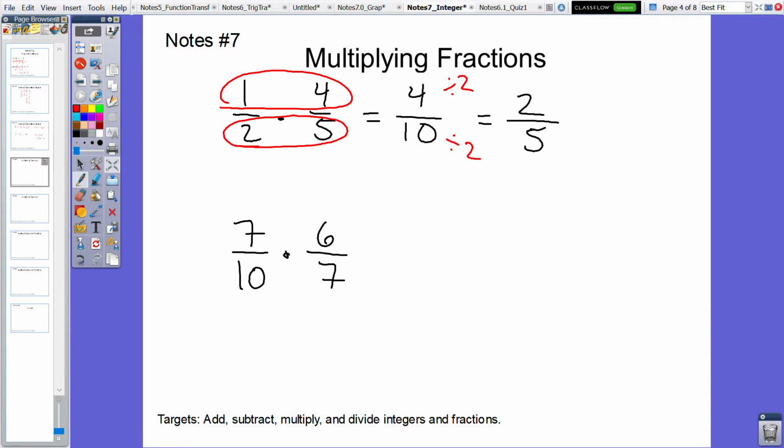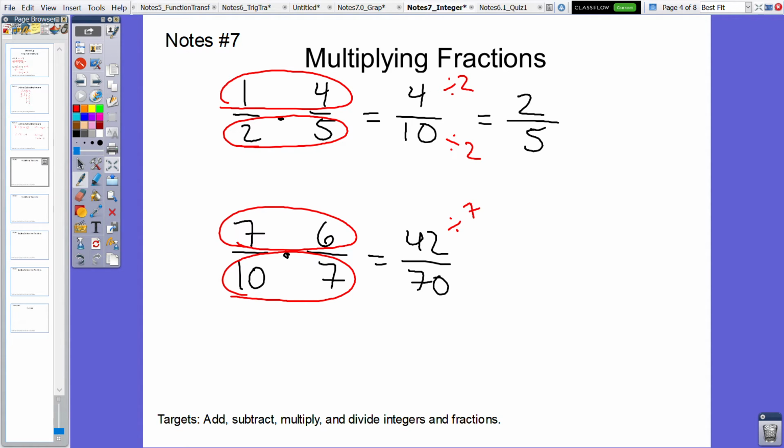So 7 times 6 gives me 42, and 10 times 7 is 70. Okay, so once again, it's going to give me 42 over 70. Now, once again, we want to reduce by common factors here. So a common factor between 42 and 70 is going to be 7. So I'm going to divide both numerator and denominator by 7.